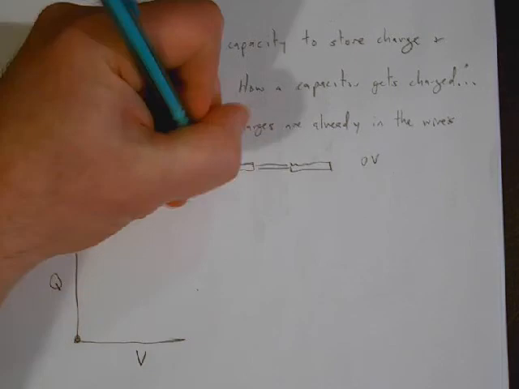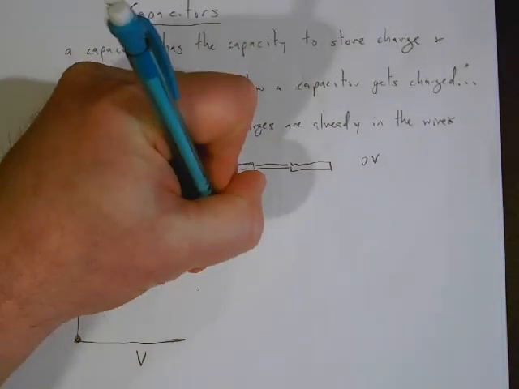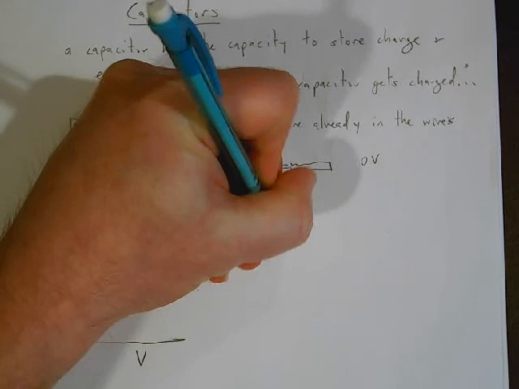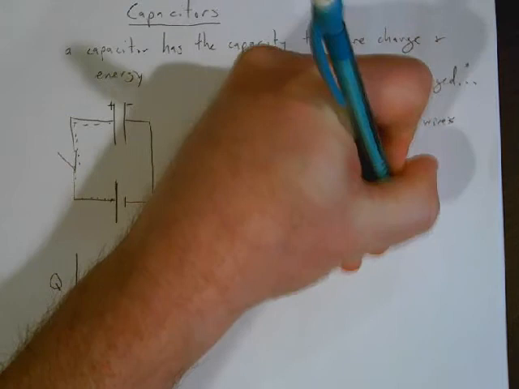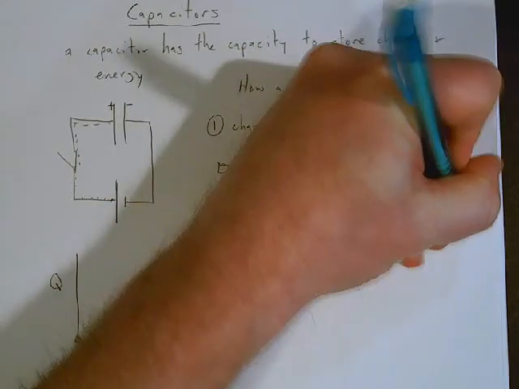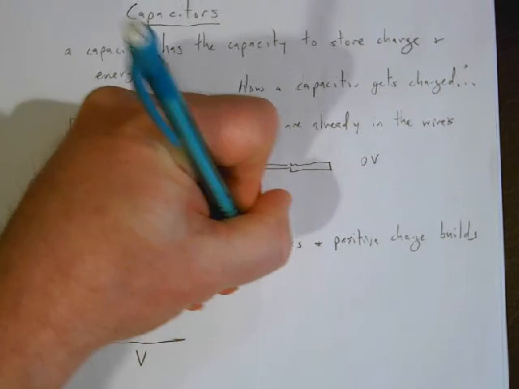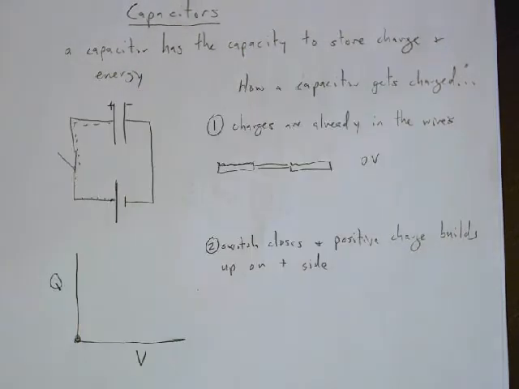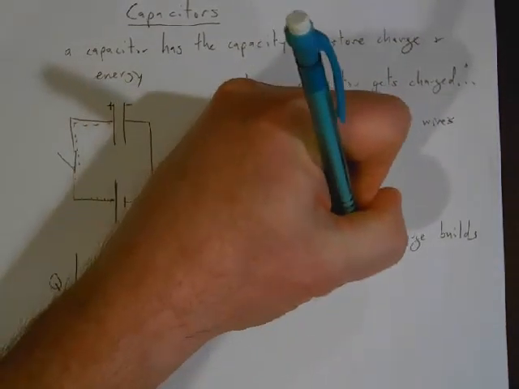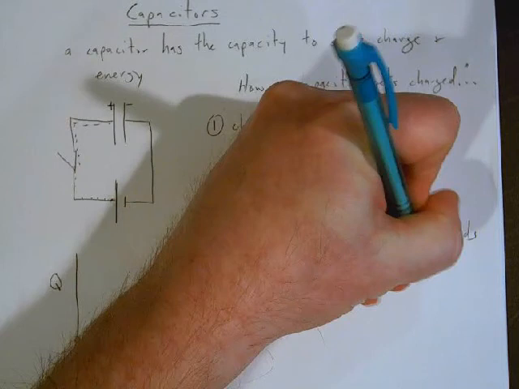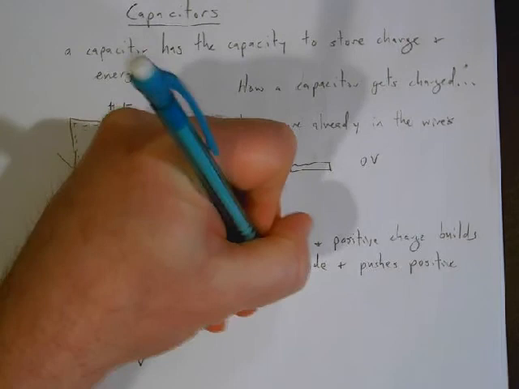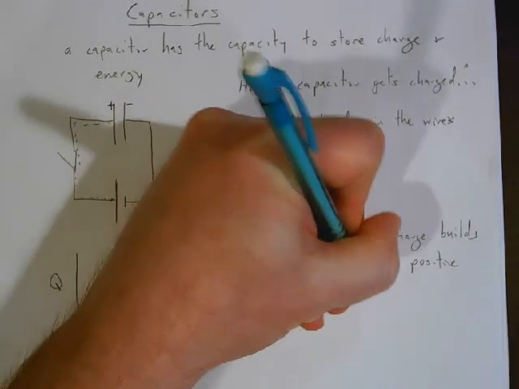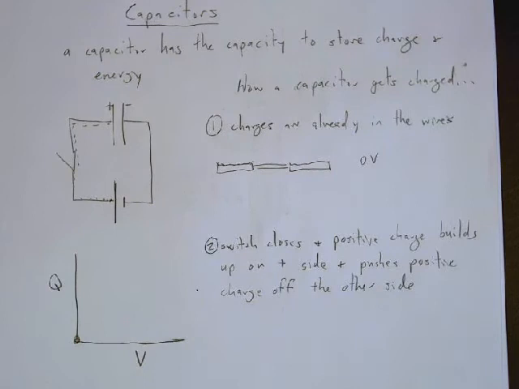So when you close the switch, positive charge builds up on the positive side and pushes positive charge off the other side.